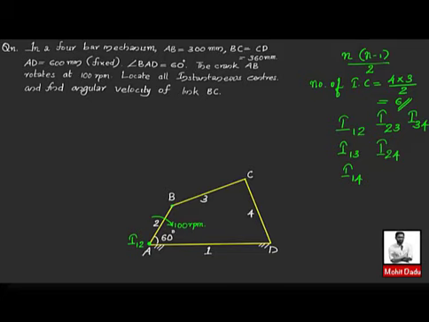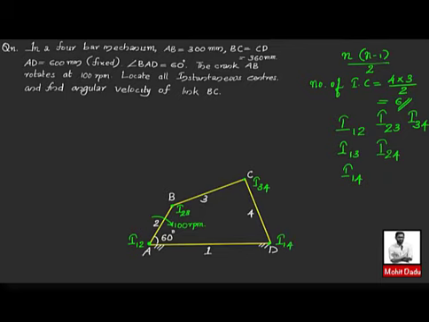In a similar way, you can have I23, the instantaneous center of rotation between links 2 and 3. So similarly, this is I34, and similarly this is I14, which is equivalent to I41.